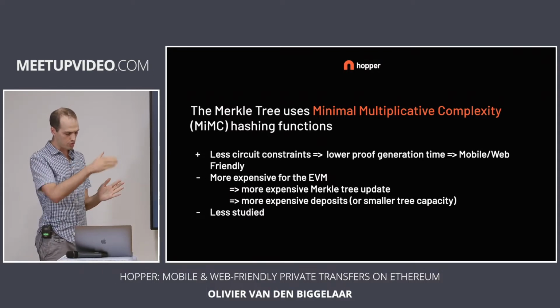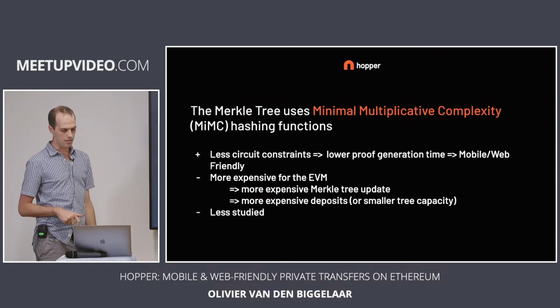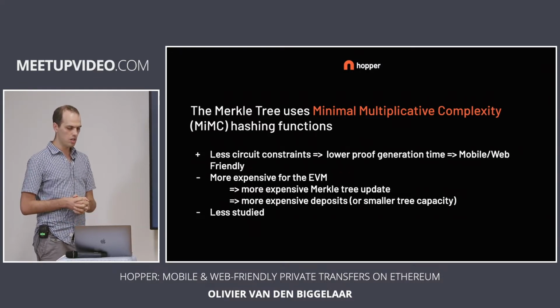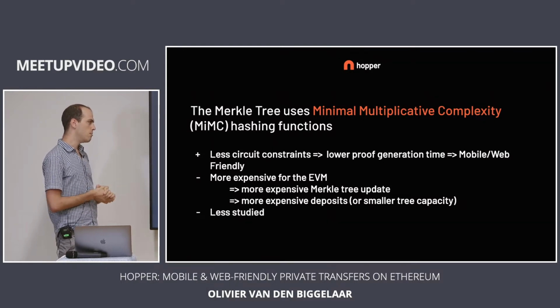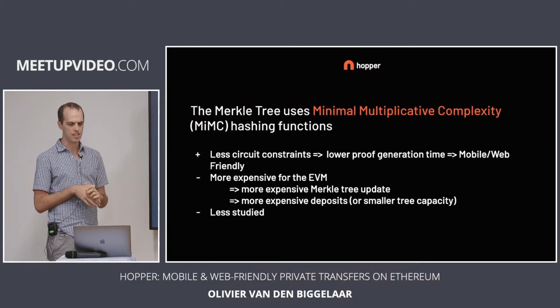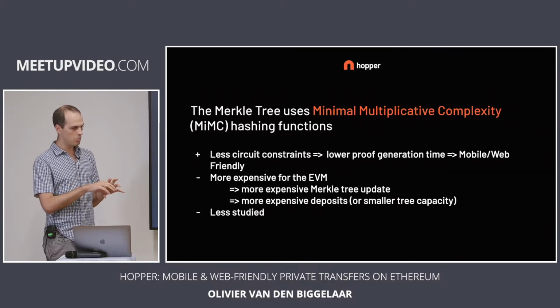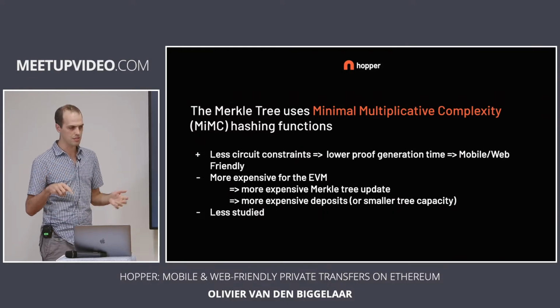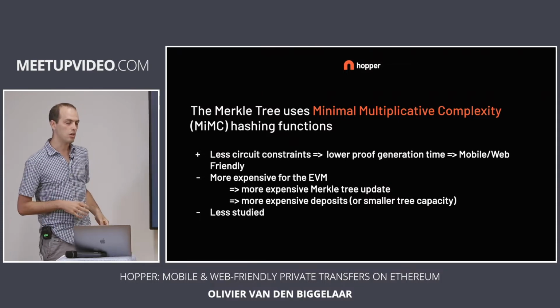So for every level of your tree, you will have to compute MIMC at least once, and that results in a somewhat expensive deposit. The deposit in the current prototype costs about 1 million gas, and that's for a Merkle tree with 15 levels. And 15 levels means we can store up to 2 to the 15, so about 32,000 deposits. After which you need to redeploy a new contract.